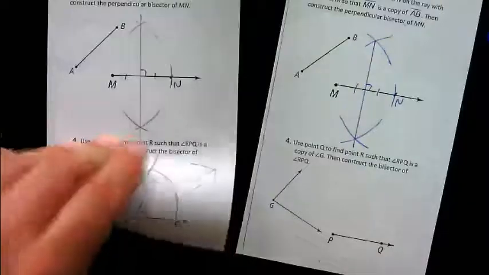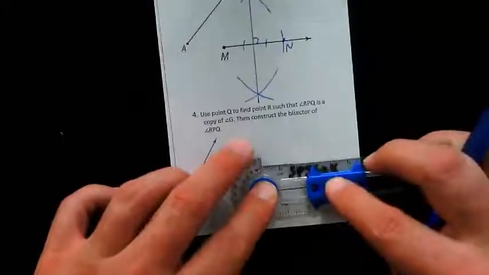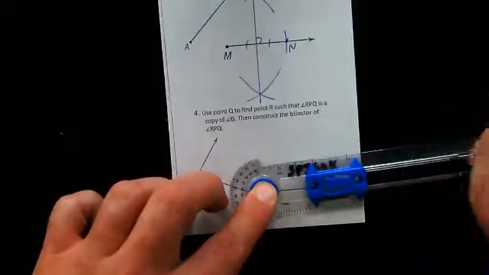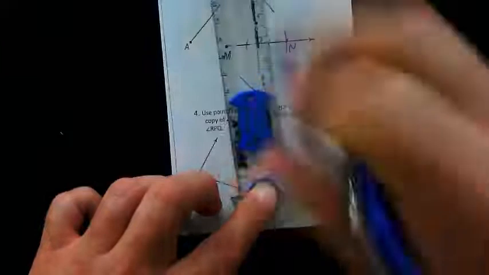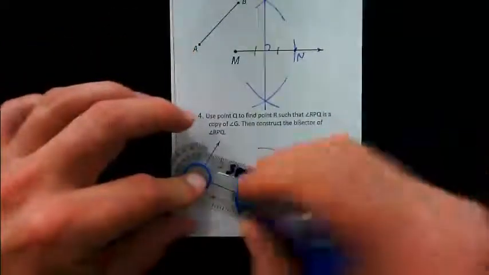Alright, let's do it again with the other compass. So now, this is with the bullseye compass. We have the arc. We're opening this up to the length of PQ. We go over here to G, same arc.